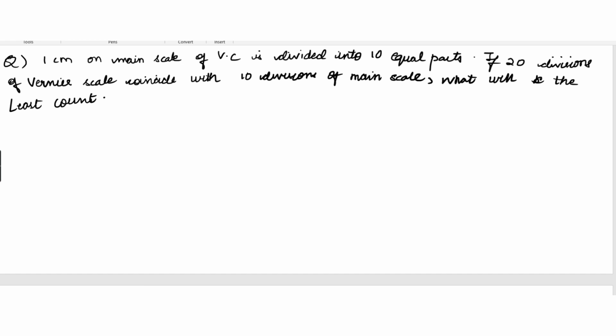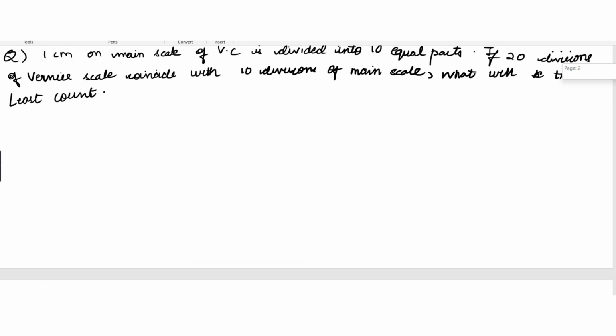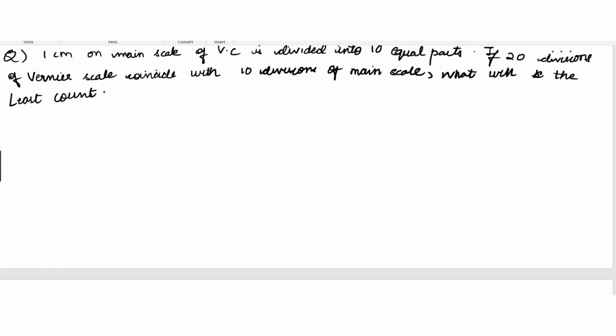So let's look at the first problem. 1 centimeter on the main scale of vernier caliper is divided into 10 equal parts. If 20 divisions of the vernier scale coincides with 10 divisions of the main scale, what will be the least count of that vernier caliper? What is given in the first line of the question?